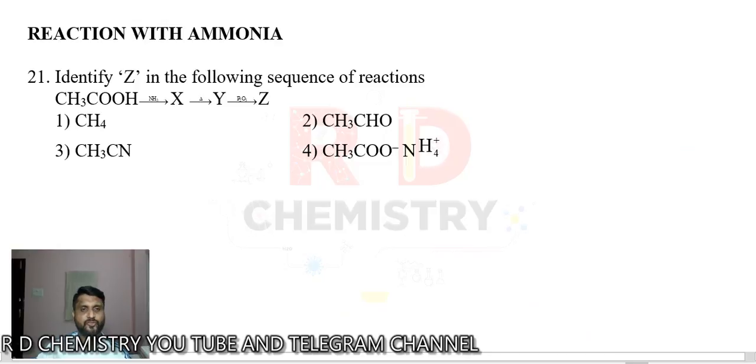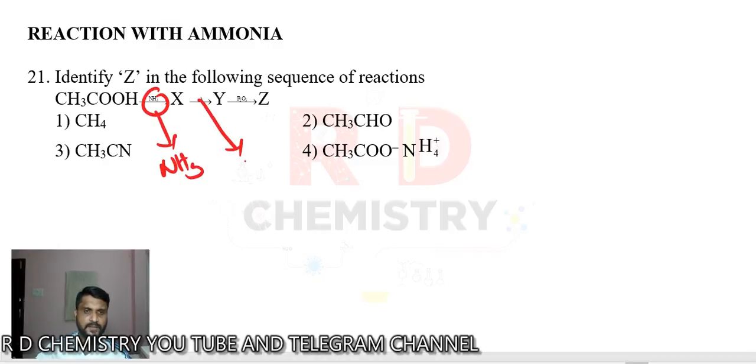Next question under reactions with ammonia. You know that carboxylic acids are acidic in nature, so they should react with bases. But when they frame the questions, an organic chemistry question is a mixture of the reagents that we give. Here it is NH3, which may not be visible for you, and it is heated, and here they have given P2O5, which is a dehydrating agent. Let me write the reaction again.